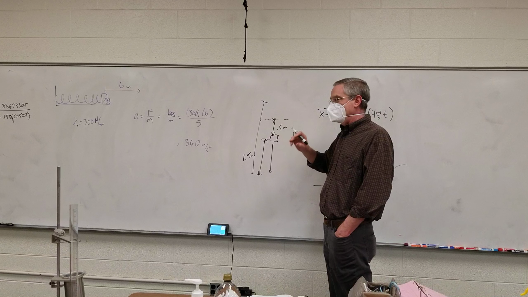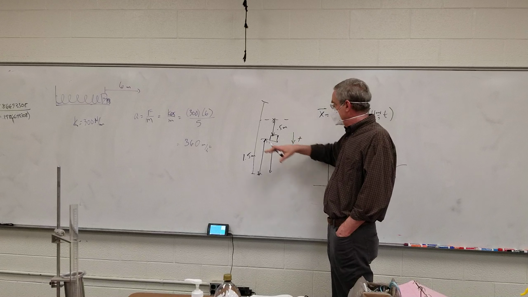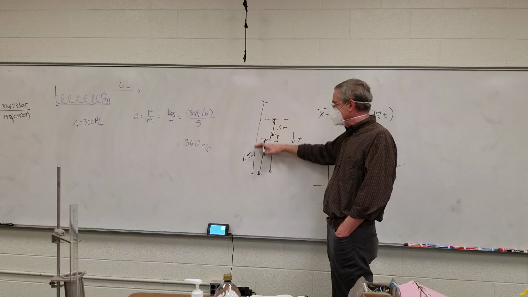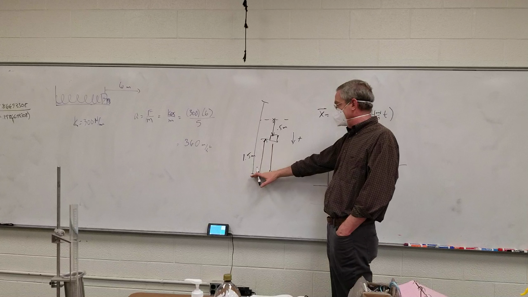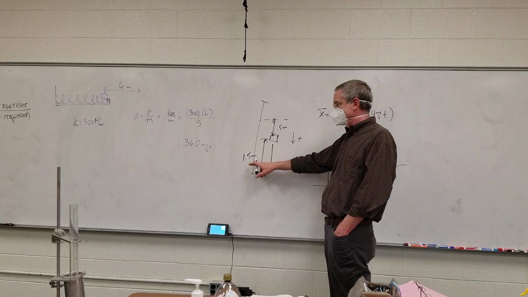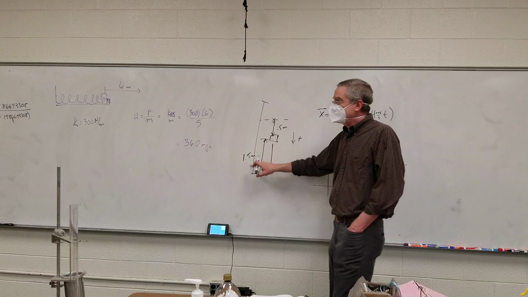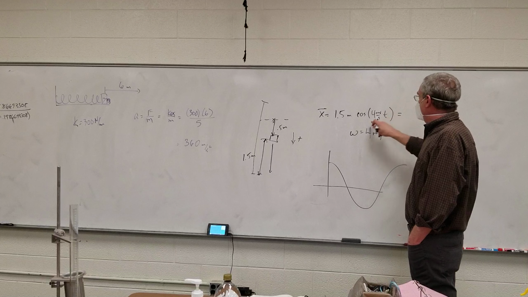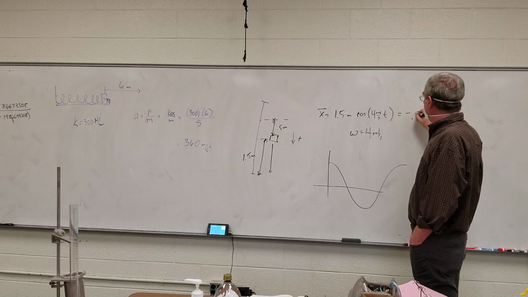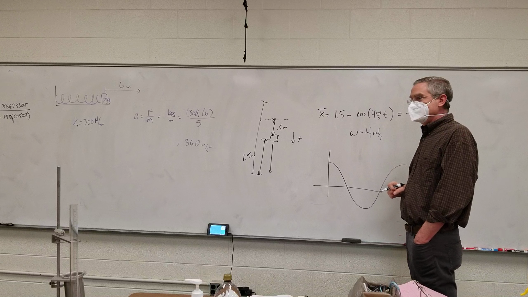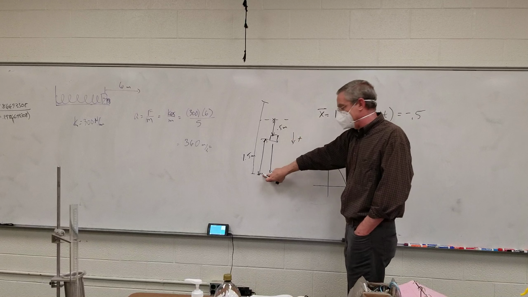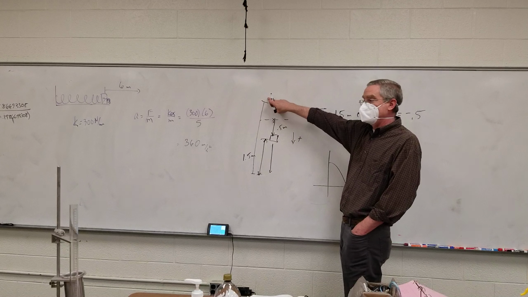Displacement is looking at where you are relative to 0. Initially, if down is positive, displacement is positive. I want to know at what time this is equal to negative 0.5, because if down is positive, it's negative when I'm above it.